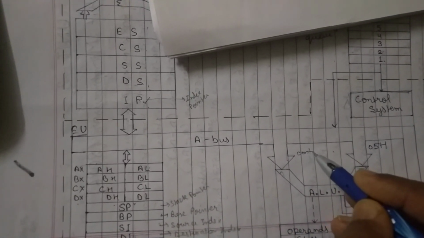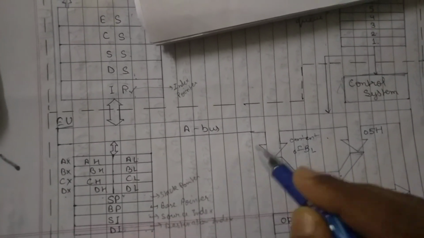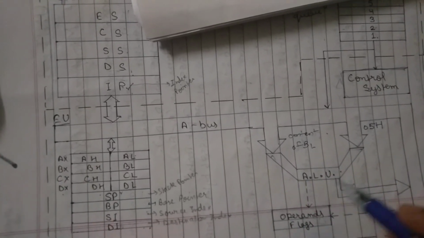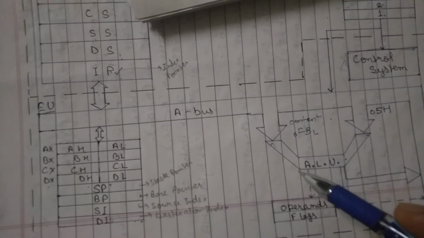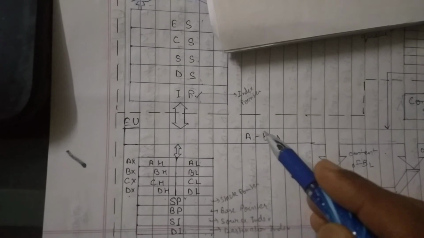So here what is the content? Content of BL is given to this ALU and these two contents are added, and the result of these two is given through this bus, A bus. A bus is what? Data bus.